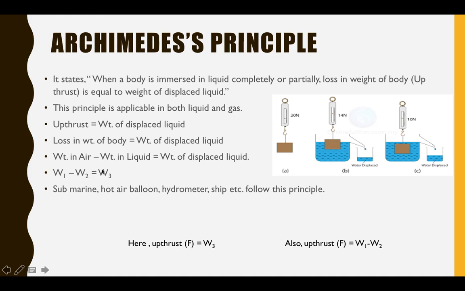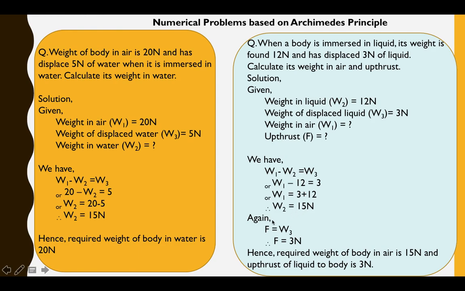Even W3 equals W1 minus W2, so upthrust can also be written as W1 minus W2. To make it easy, I wrote upthrust equal to weight of displaced liquid. Even if you write W1 minus W2 in place of W3, the answer will come the same. The weight of displaced water is 3 Newton, so we wrote 3 Newton.